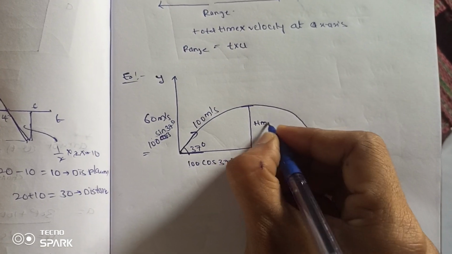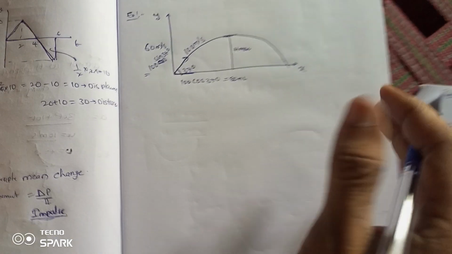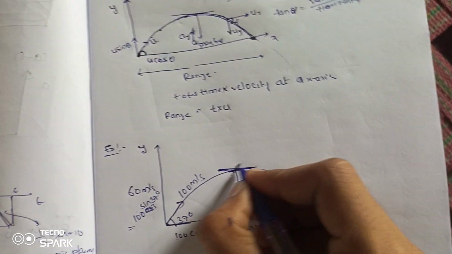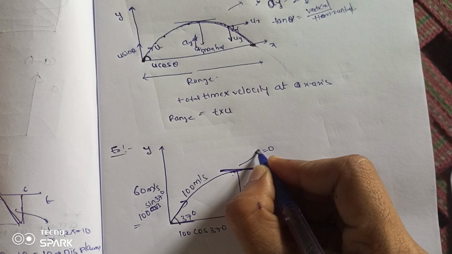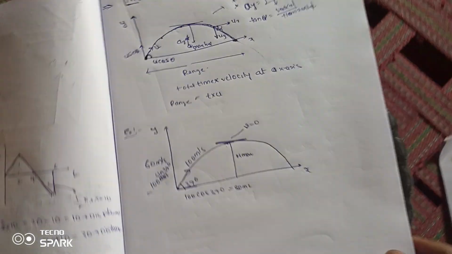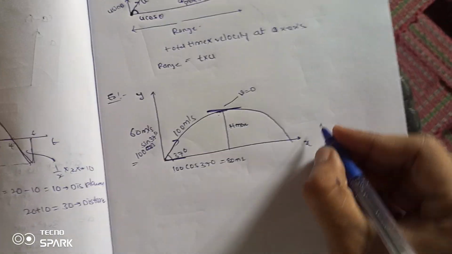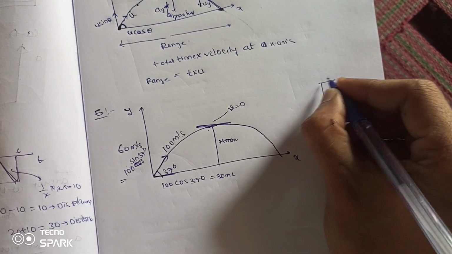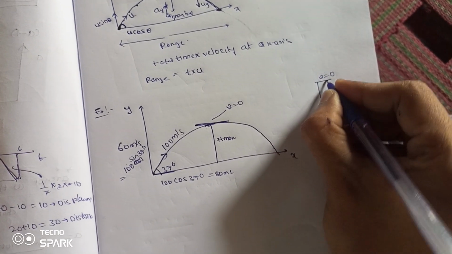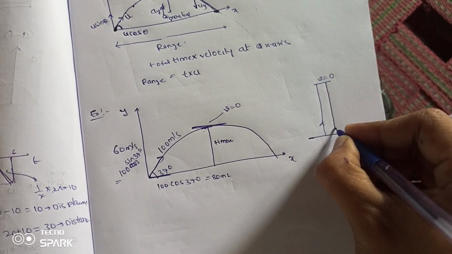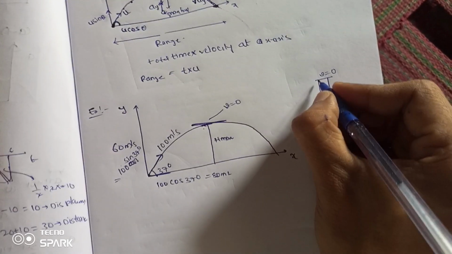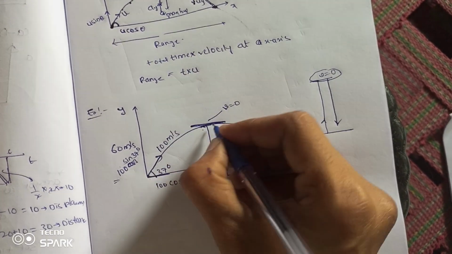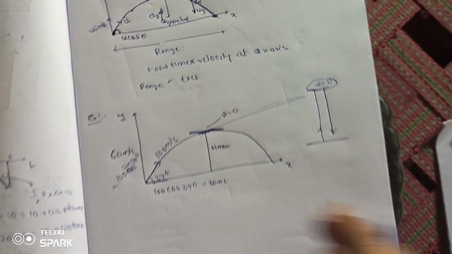At the maximum height, the velocity is 0. That means when a ball is thrown upward, at the maximum height the velocity will be 0, and then it comes back to the ground.